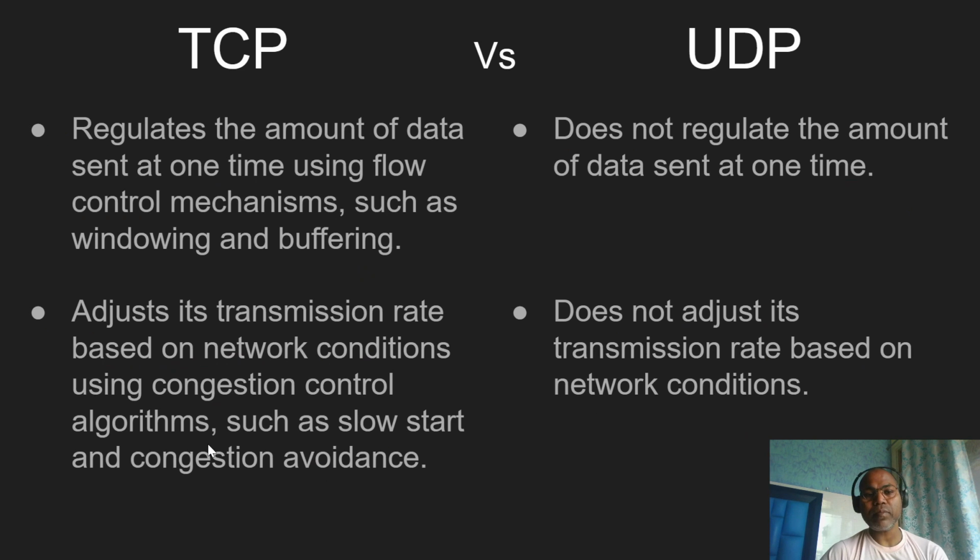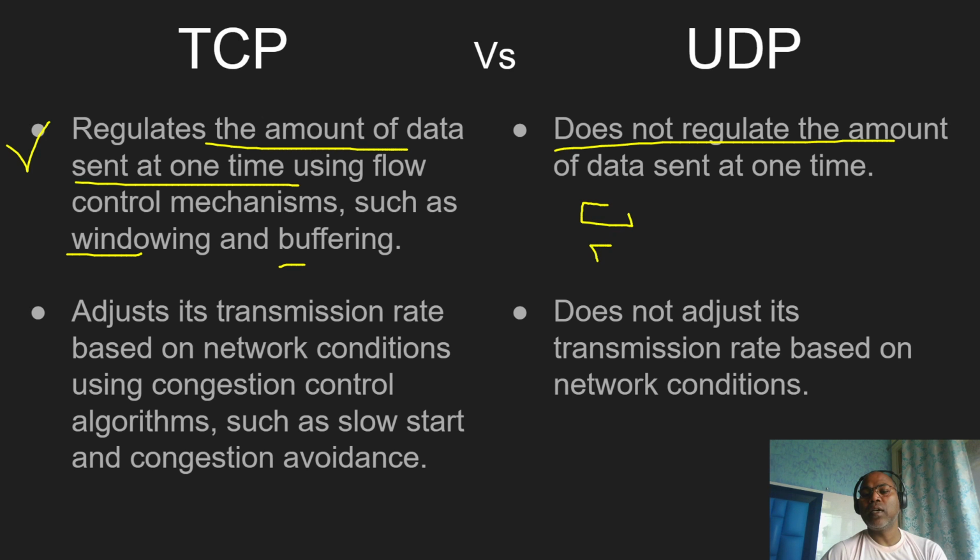Similarly, TCP regulates the amount of data sent at one time so that it can maintain flow control mechanisms like windowing and buffering, lots of concepts here. But with UDP there is no concept of the amount of data, because each datagram packet is just divided and sent. They follow different routes, different paths to reach the destination.